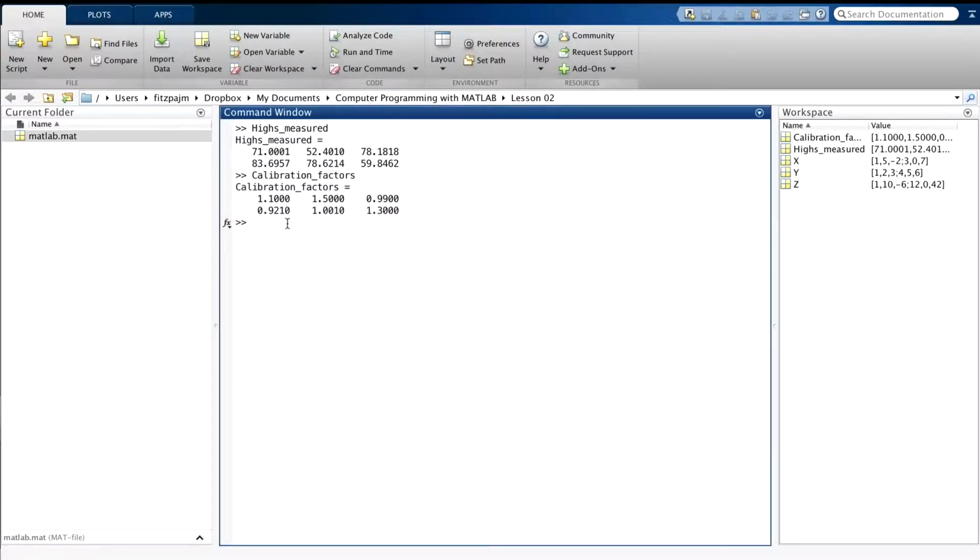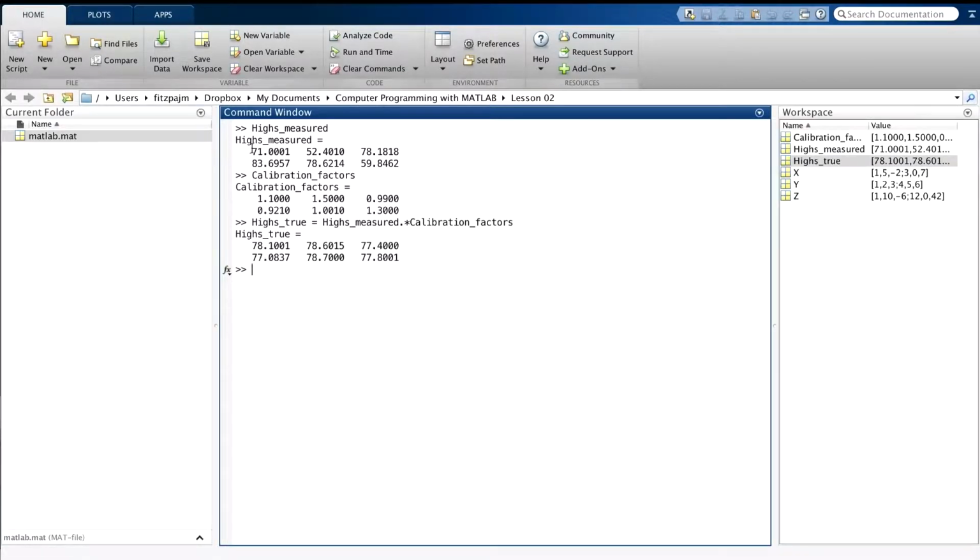So let's do that. Let's call the result highs true. And we'll set that to highs measured dot star. There's that array multiplication operator, calibration factors. And there's a result.